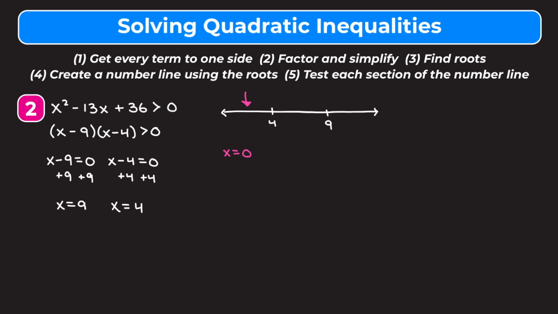So instead of x squared minus 13x plus 36, I want to do 0 squared minus 13 times 0 plus 36. I want to see if this is greater than 0. 0 squared is 0, minus 13 times 0 is 0, plus 36 is greater than 0. And we get 36 on the left and greater than 0.